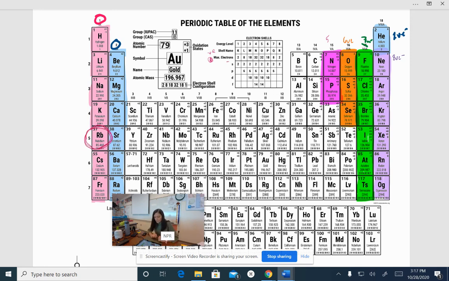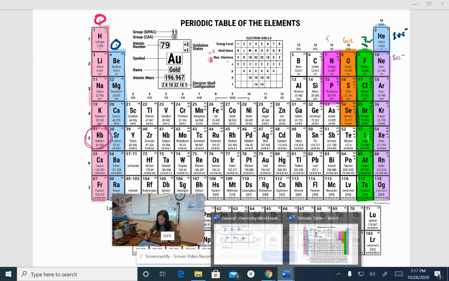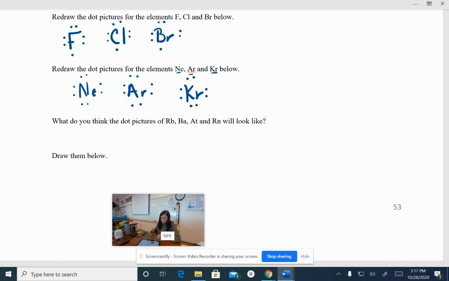It's in that very first column. So I would expect rubidium to have 1 valence electron. So I'm going to put rubidium with 1 valence electron. Take some time, look for barium, acetylene, and radon, and tell me what you think. Pause the video and take a minute.